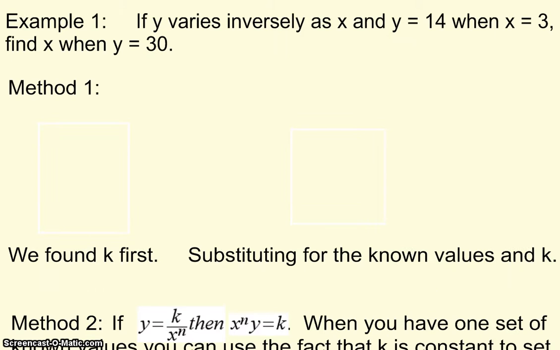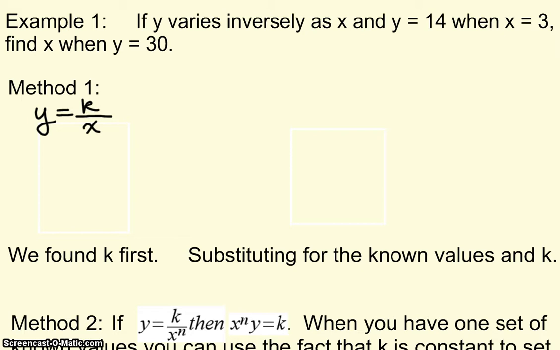As an example, we have y varies inversely as x and y equals 14 when x equals 3. Our goal is to find x when y equals 30. In the first method, just as in the first method we used for direct variation, we solve this by finding k first. So we start with our basic equation, y equals k divided by x.